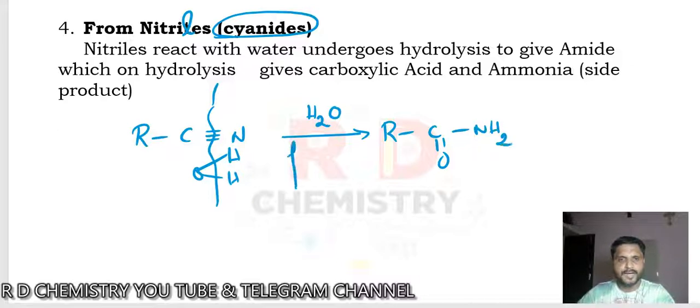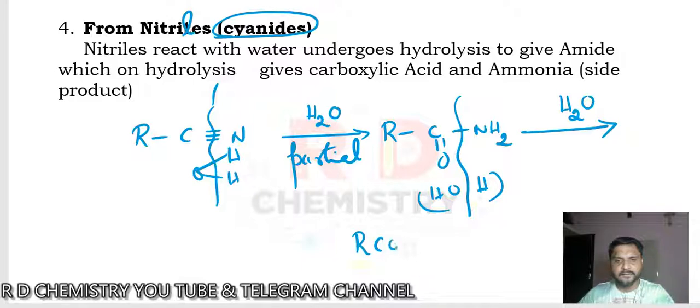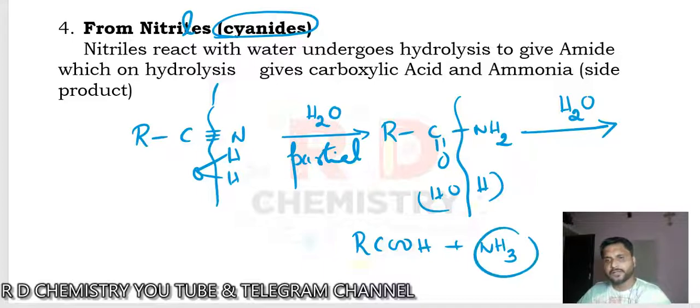So this is called the partial hydrolysis. But when it is subjected to hydrolysis again, write one more water molecule like this to give finally carboxylic acid RCOOH plus ammonia. If it is acidic medium hydrolysis, finally we are going to get the ammonium salt. Okay, right?